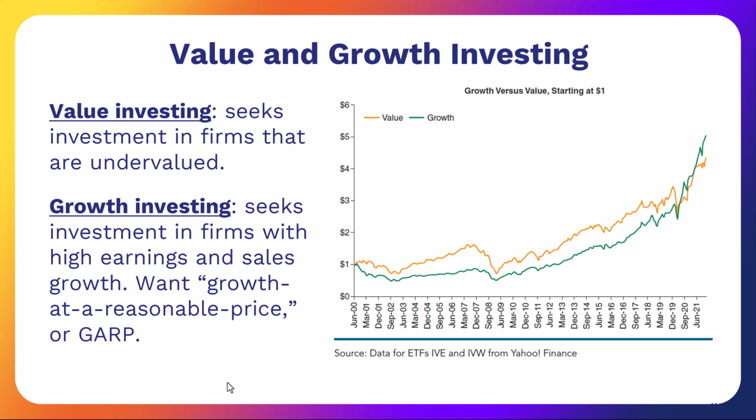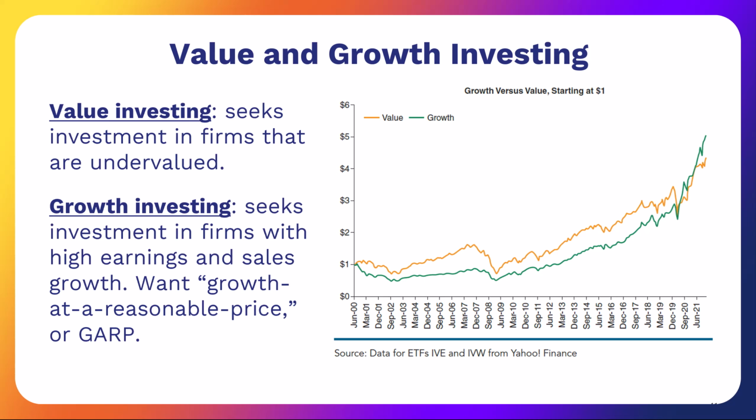Growth investing, though, is a different way of looking at the world. We're looking to find companies, regardless of what their price is, that have the potential for growth. So, value investors like Warren Buffett focus on companies that they view are undervalued relative to their intrinsic value.